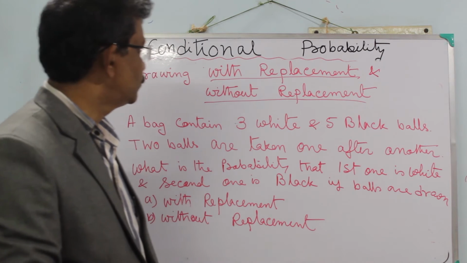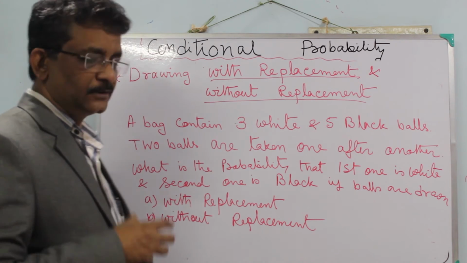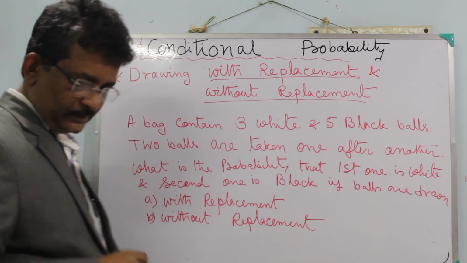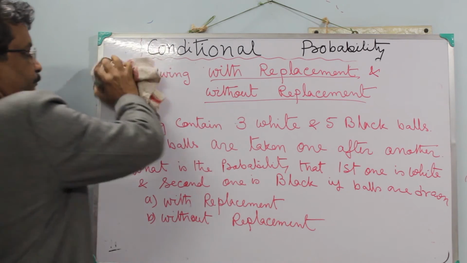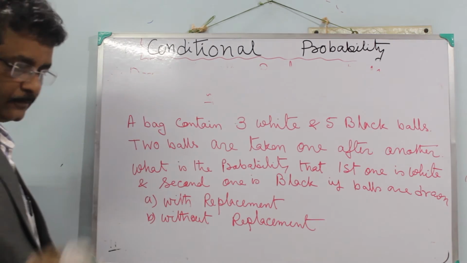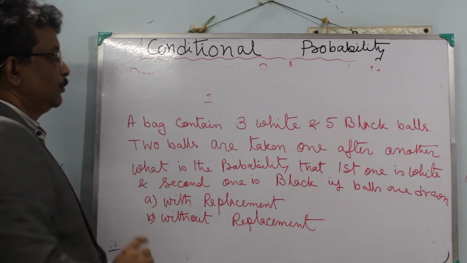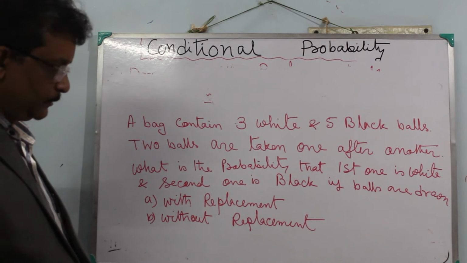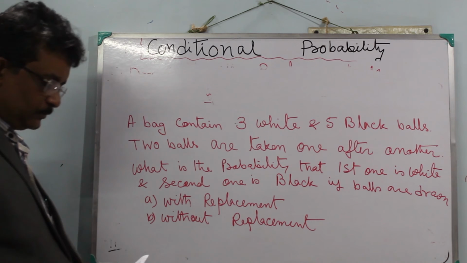So it is drawing without replacement. Balls are not replaced in the bag. So let us take an example. This concept you must know before coming to the conditional probability problem. That's why I am discussing this with you.